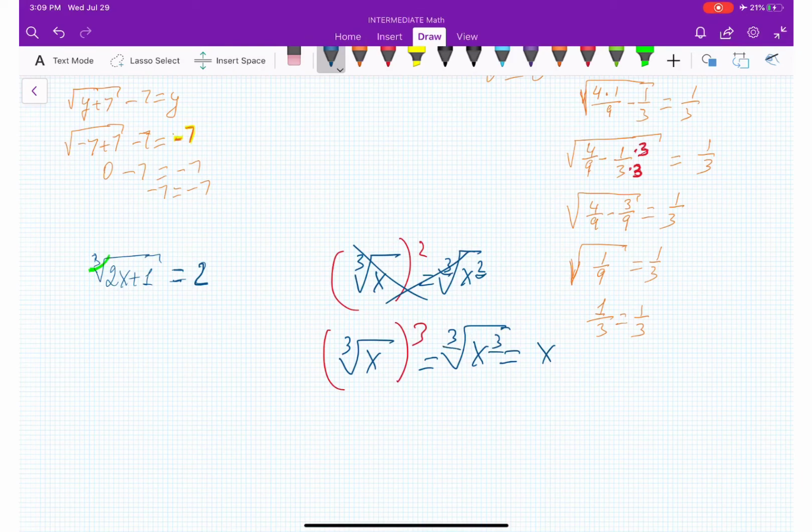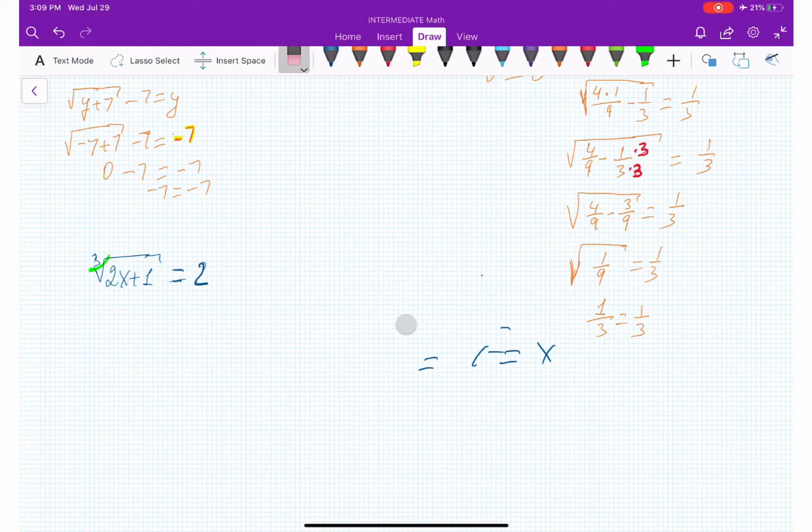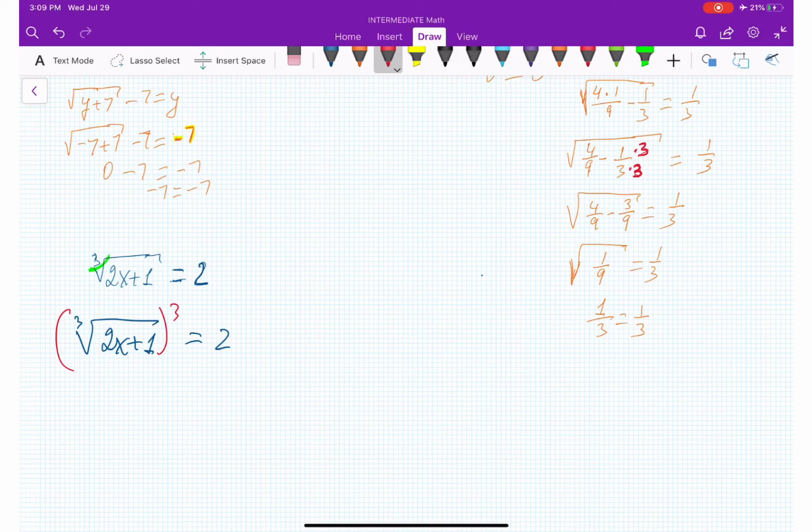So let's go back. We have to raise to power 3, right? Cubic radical 2x plus 1 equal 2. Raising to power 3. Whatever degree you have here, you have to raise to that power.